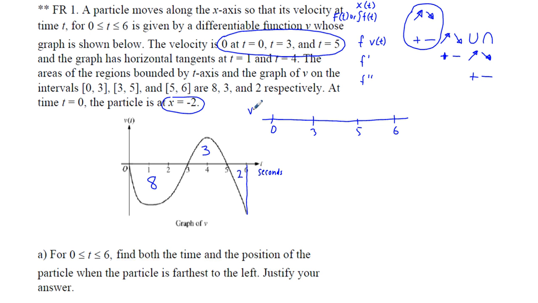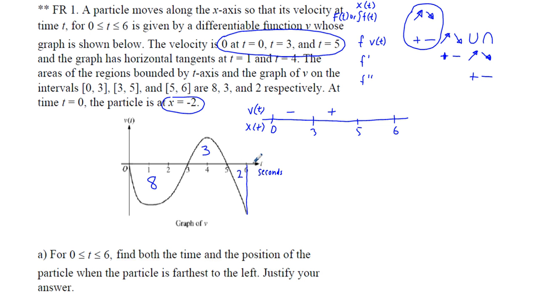I'm going to put v of t up above and x of t below. Between 0 and 3, is v of t above the t-axis or below? It is below. Between t equals 3 and t equals 5, is v of t above the axis or below? Above.